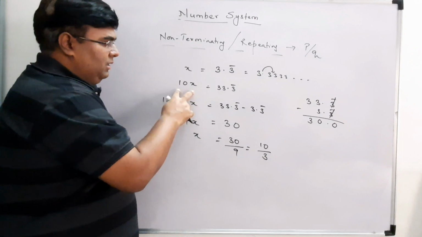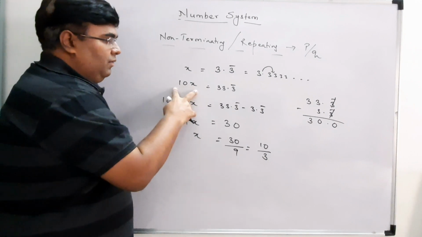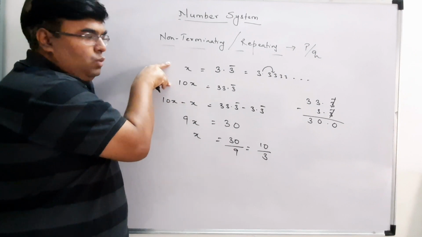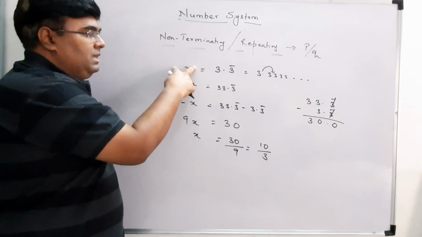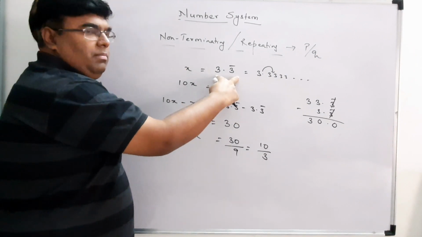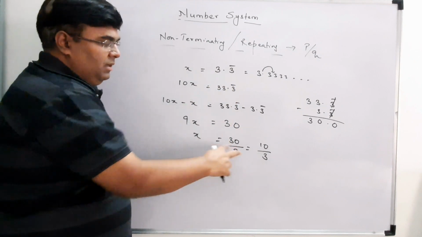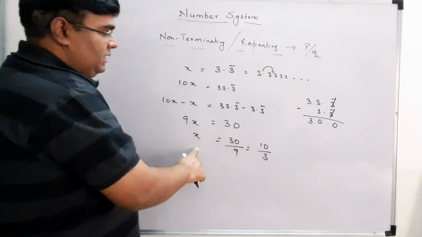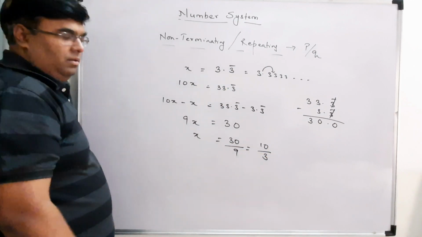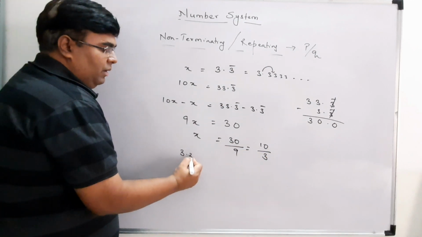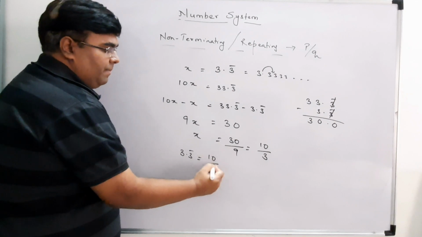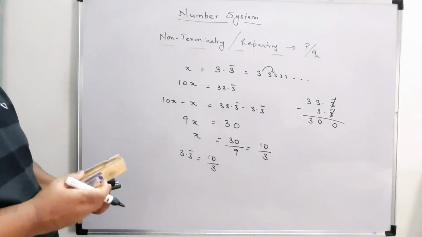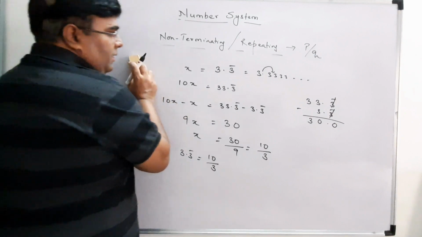And then the next step is to subtract the two equations, 10x minus x, 33.3 bar minus 3.3 bar, and then x will be equal to the p by q form. And what is x? x is 3.3 bar, so we can write 3.3 bar as 10 by 3.